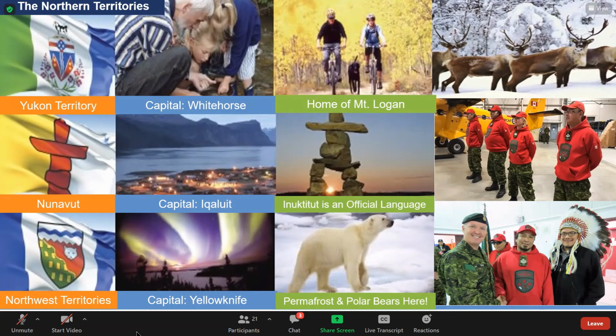Then Nunavut, our last territory, is quite a new territory. It joined the Confederation in 1999. The capital is Iqaluit, and the official language is Inuktitut.